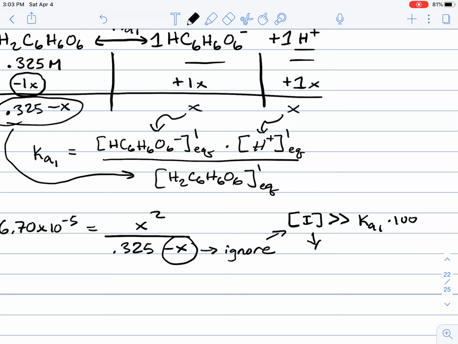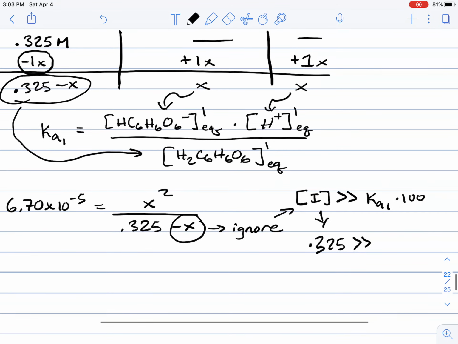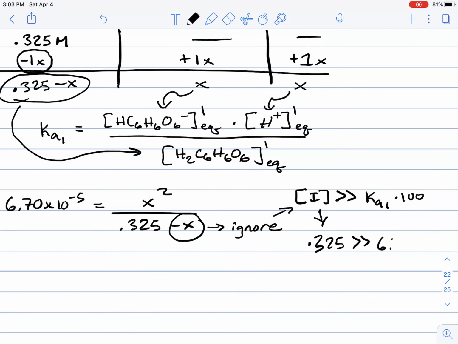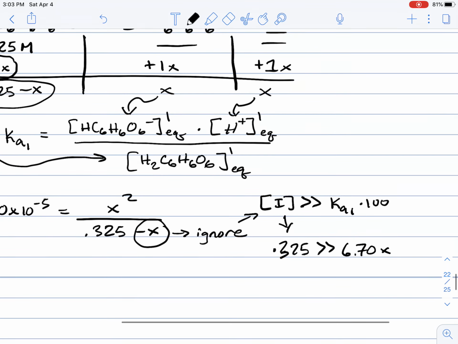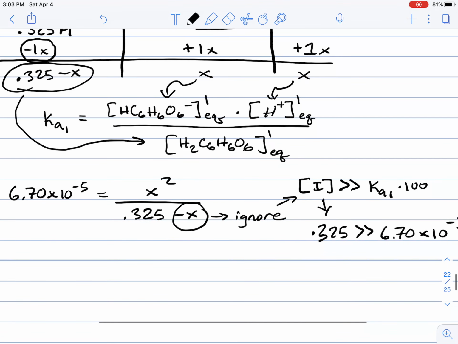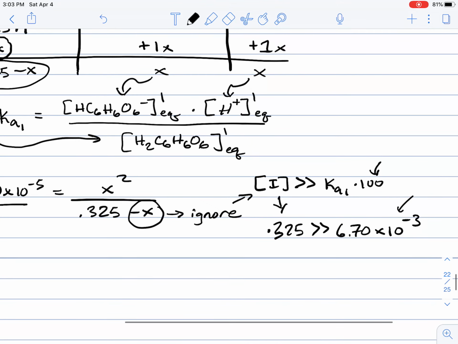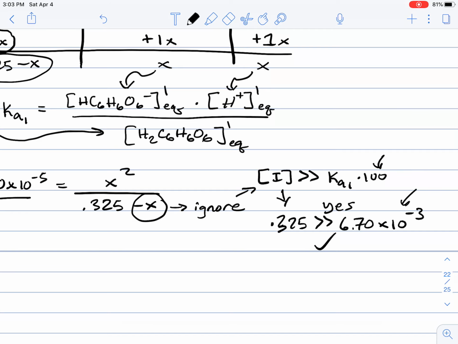And so if the initial concentration is 0.325, is this far, far greater than 6.70 times 10 to the negative 3? Okay. So basically I'm taking this Ka1 value and I'm multiplying it by 100. And this is the result that I get. And so the answer is yes. So this is a true statement.